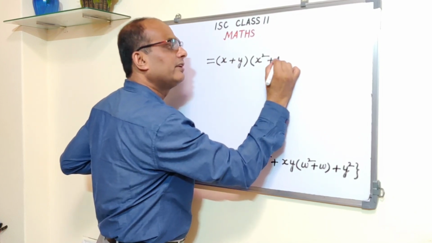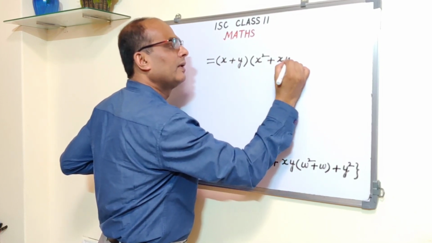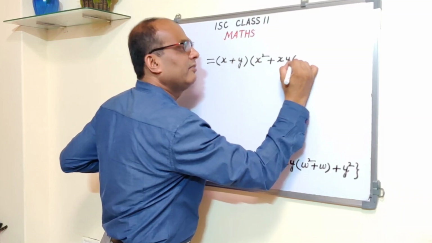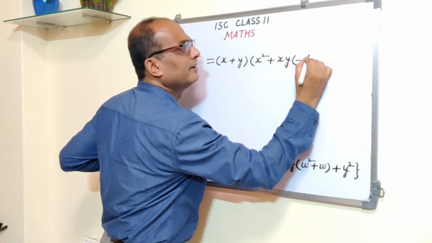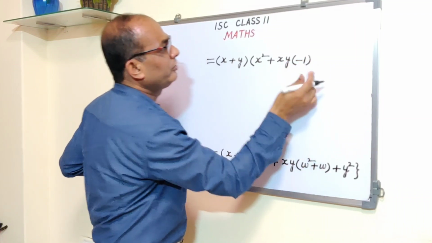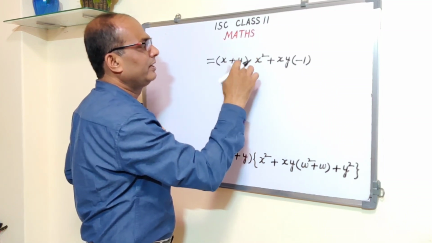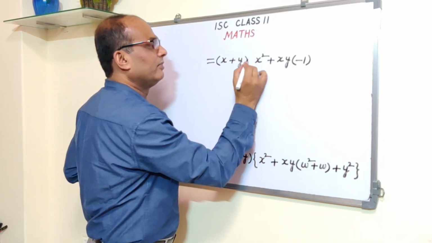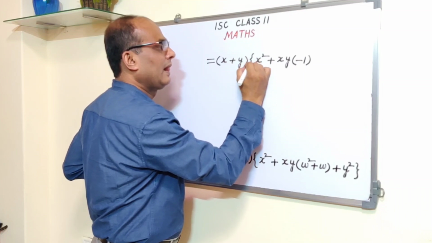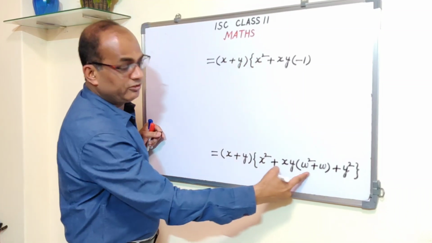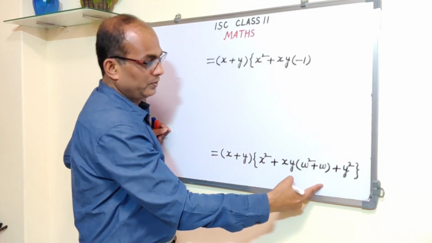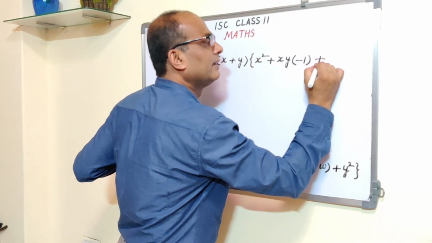I'm showing all these steps. And this, can we write down minus 1? Because we are using one bracket, so let me use here curly bracket. No confusion. Omega square plus omega is minus 1, you know, and plus y square.